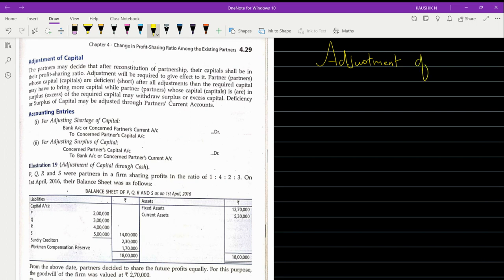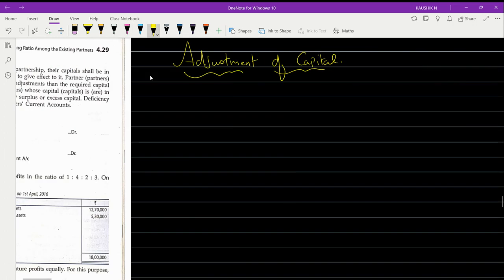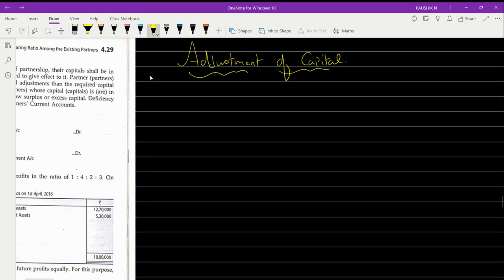Okay, adjustment of capital. In this concept, we are going to see two varieties. One is adjustment through cash or bank account.